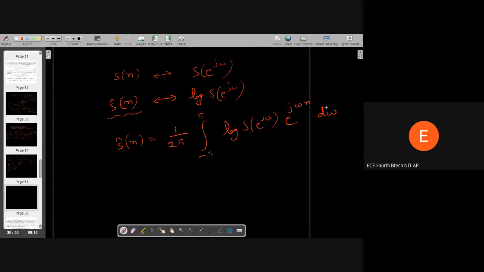So now we have to analyze. Because log S e to the power j omega, we can say it contains an e to the power j omega part plus another part.